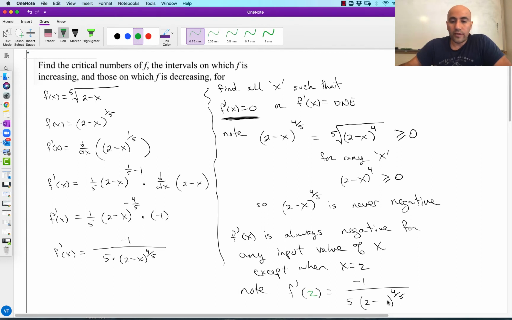So if we put a 2 there and a 2 there, we'll end up with something that has -1 divided by 0. That's a does not exist. Okay, so at this point, we've established that positive 2 is a partition point.